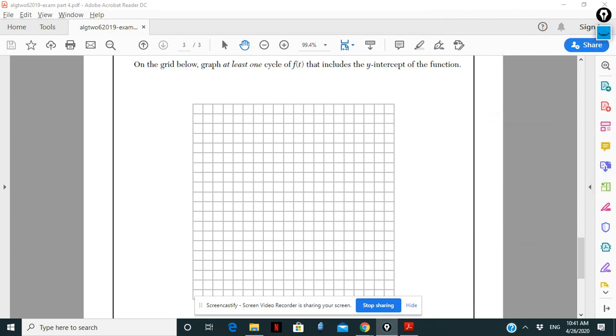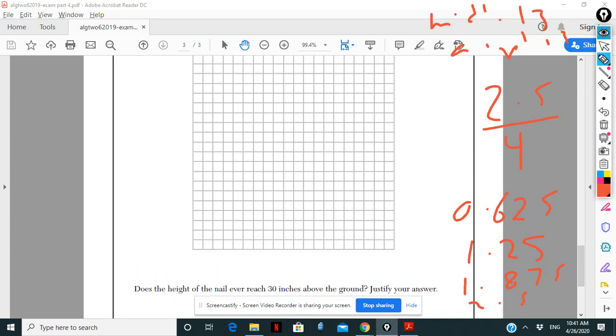Now how am I doing it? Here I'm going to draw the x and y axis, here's the time, and here's the height. Let's say I'm going to count by 2.